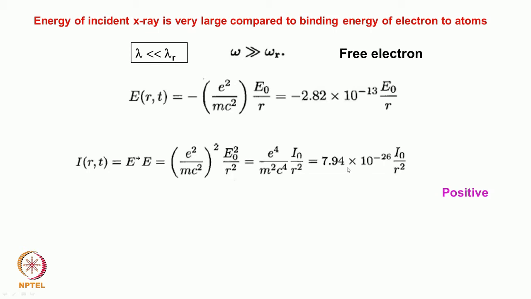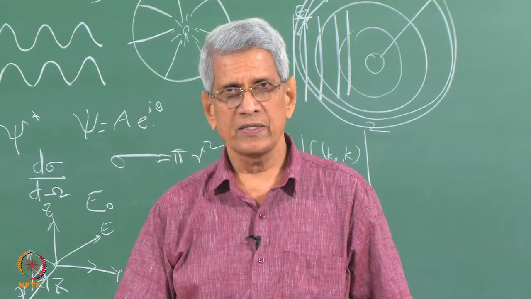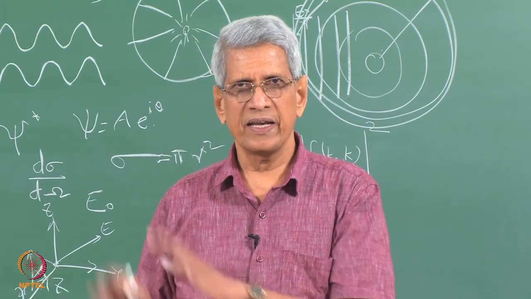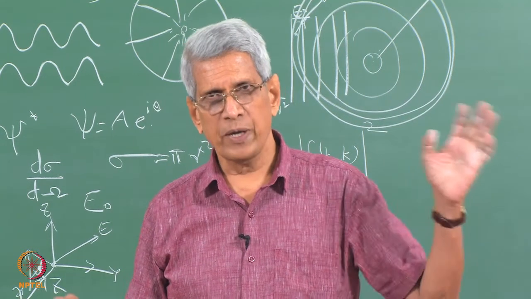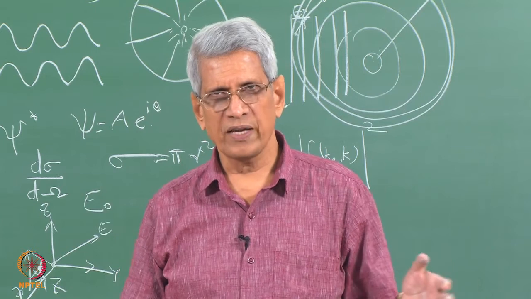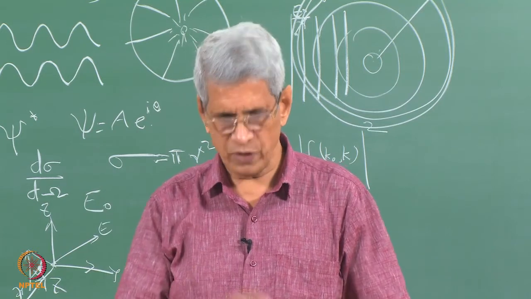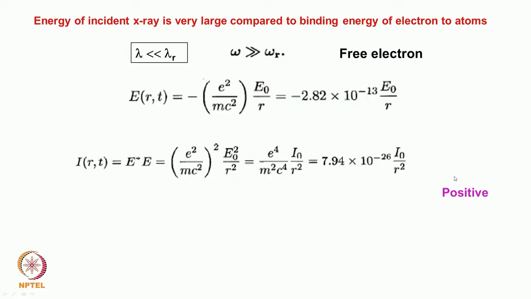When the incident energy is very large compared to that, then it is very similar to that of a free electron, the restoring force. Then this factor we have already taken into consideration.